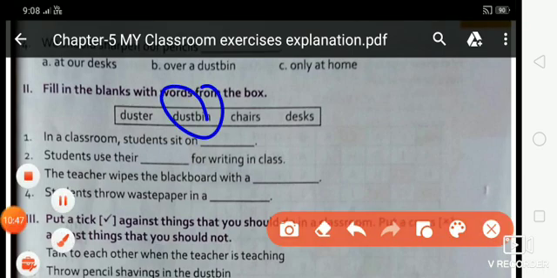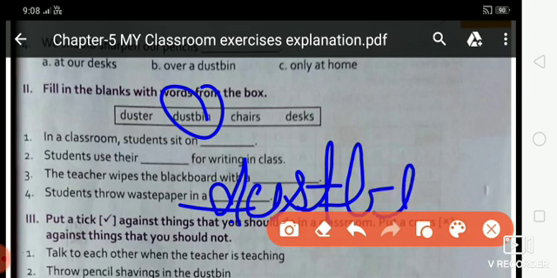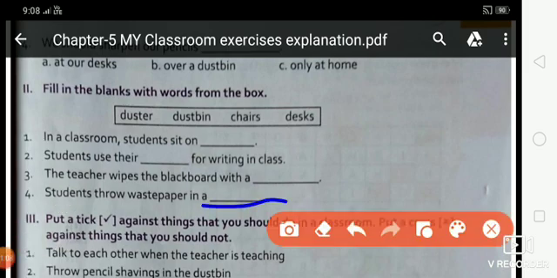So students throw waste paper in a dustbin. Now what is the spelling of dustbin? The spelling of dustbin is D-U-S-T-B-I-N. You have to write dustbin over here.